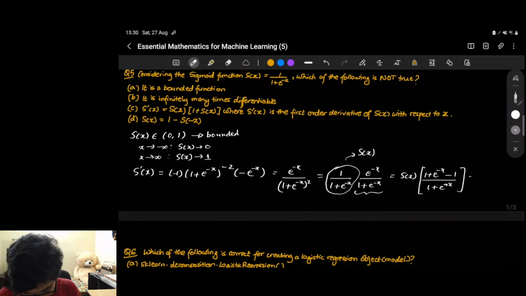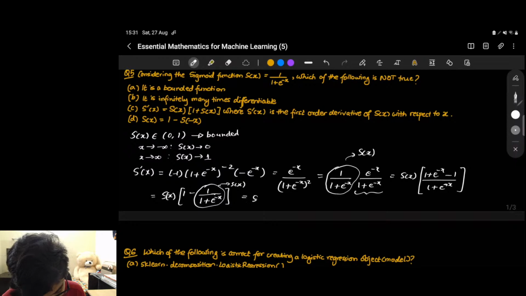What this does is that we get 1 minus 1 over 1 plus e to the power minus x. Again, this term is nothing but your sigmoid function.